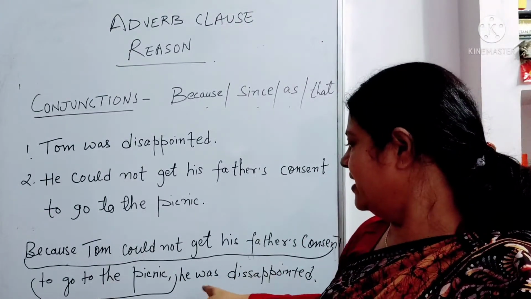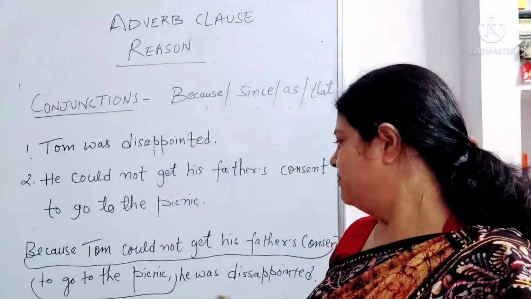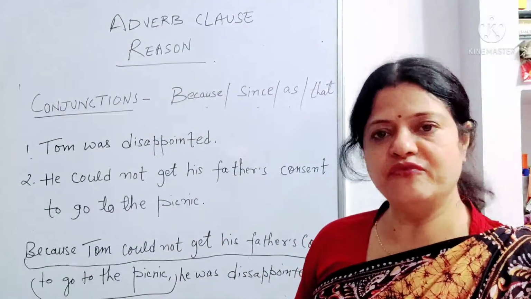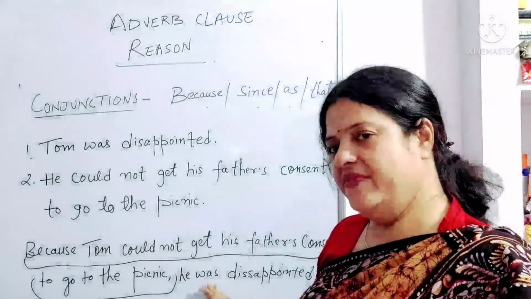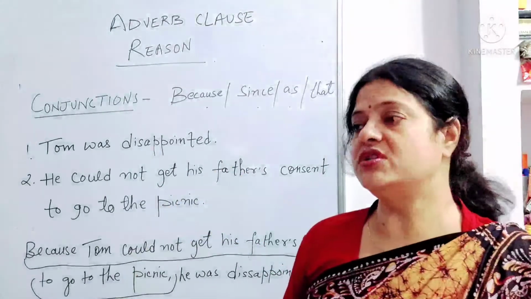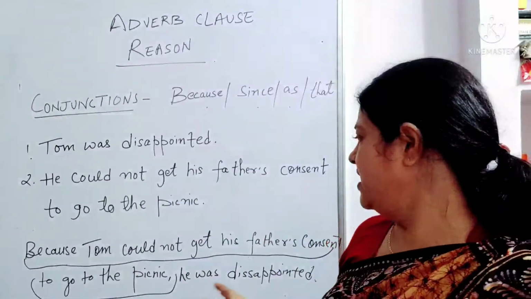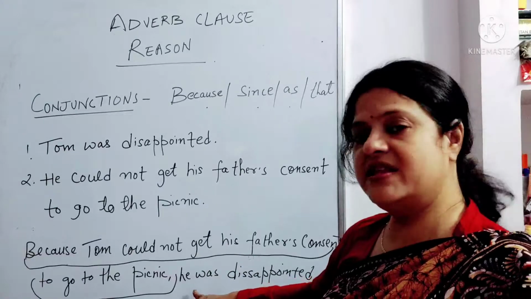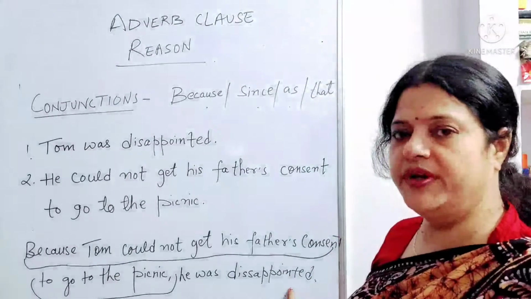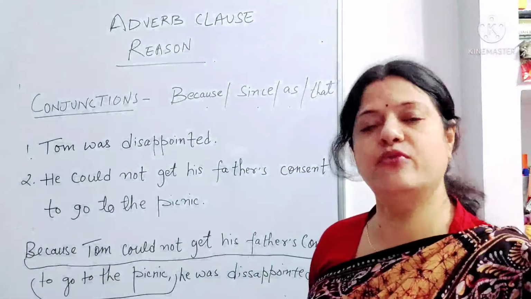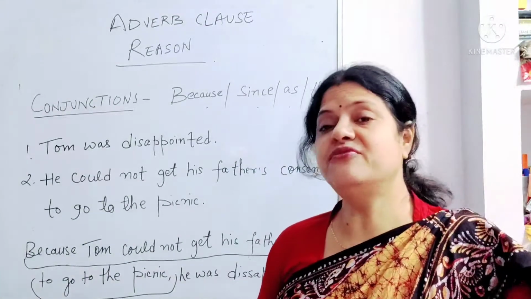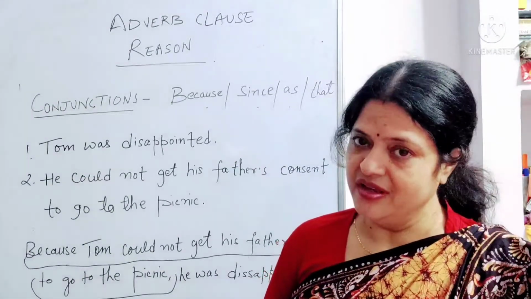And we can also rearrange it by putting the principal clause in front of the sentence. If we put the principal clause in front, it would become: Tom was disappointed. We will not write he was disappointed, because it is the first time we are introducing the subject.